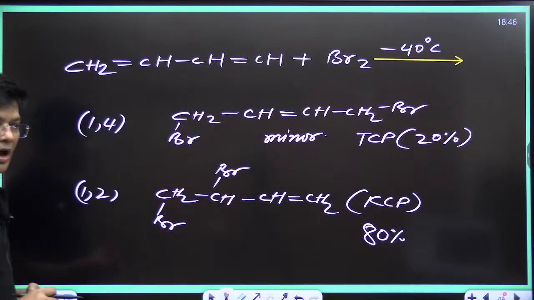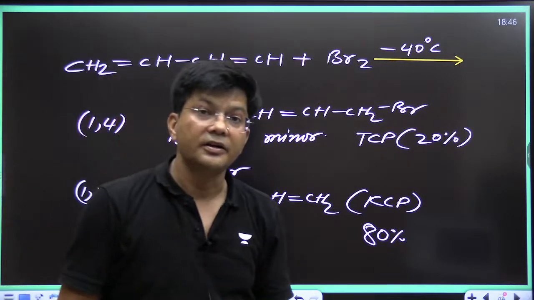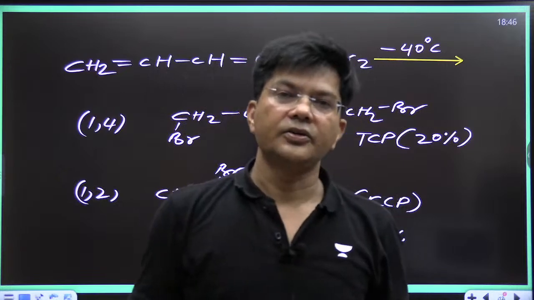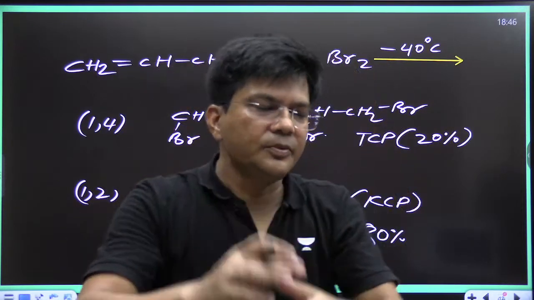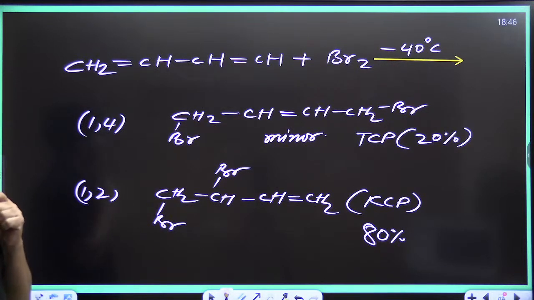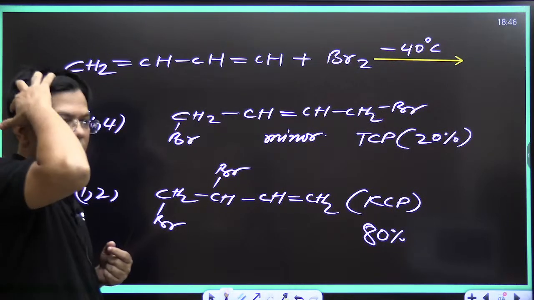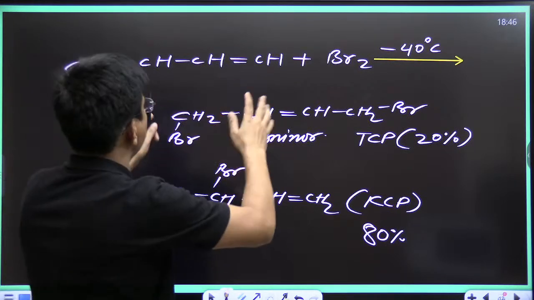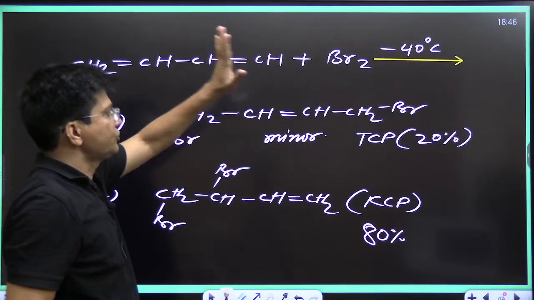Now my dear students, how many of you are interested to know the reason behind it? Do let me know how many of you are interested in how this reaction takes place and what the reasons behind it are. Okay, a number of students are interested. Now let me tell you, first of all, this is addition of X2.